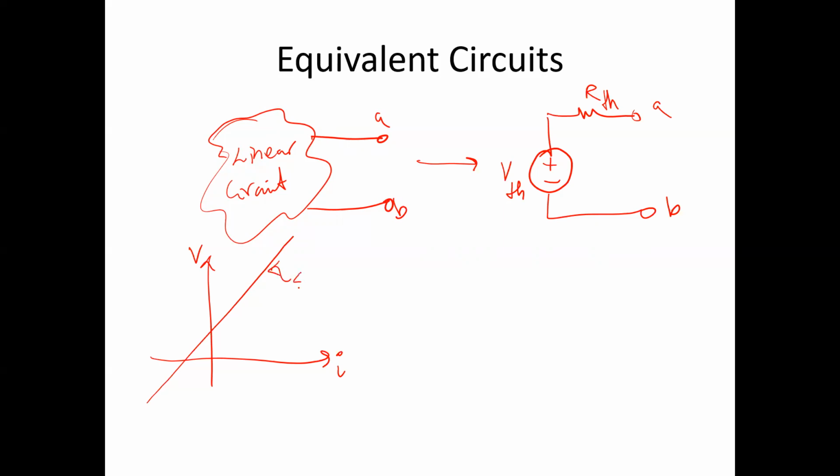More specifically, the slope of the line corresponds to R Thevenin, and the intercept here, where the current is 0, corresponds to the open circuit voltage. This is the voltage that you would measure when there's no current. Where is current I? Current I is the direction coming out like so. Okay, so it's the current that's going from the circuit into node A.